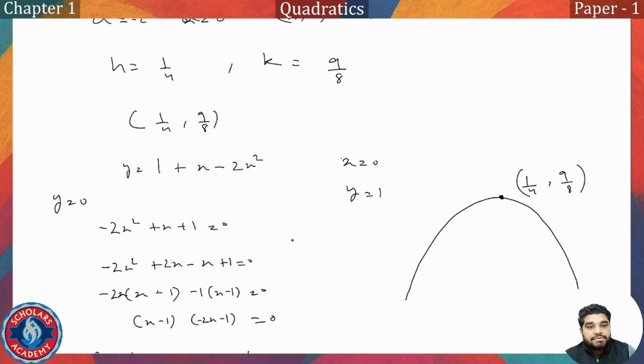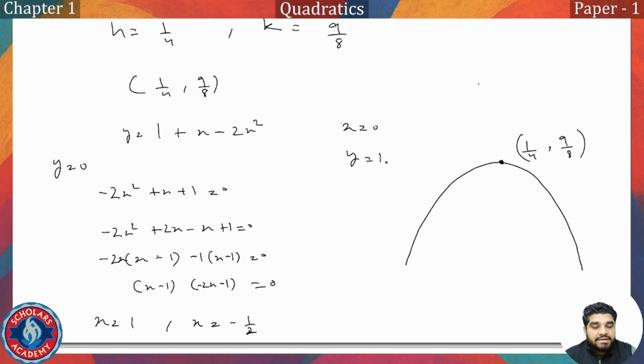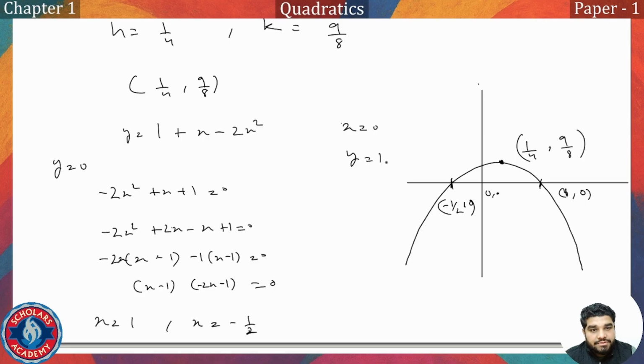Alright, so this is the point of maximum value, and the y-intercept is at y is equal to 1, and the x-intercepts are 1 and negative 1 by 2. So let's take it as negative 1 by 2, and let's take it as 1. So 1 comma 0 and negative 1 by 2 comma 0. This is where the y-axis will pass from. This is 0 comma 0, and this intersecting point is at 0 comma 1.